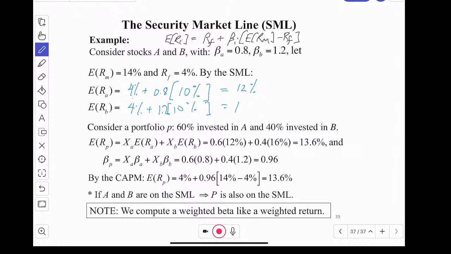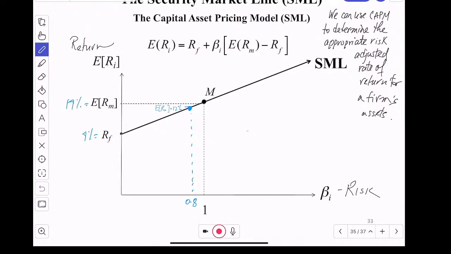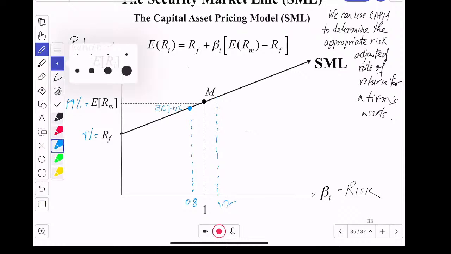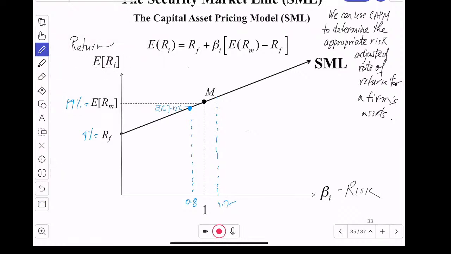So this works out to be 16%. Then we plot it. So 1.2, I'll put it here. This will be also on the line, it'll be B.